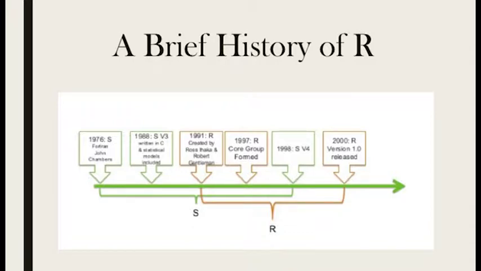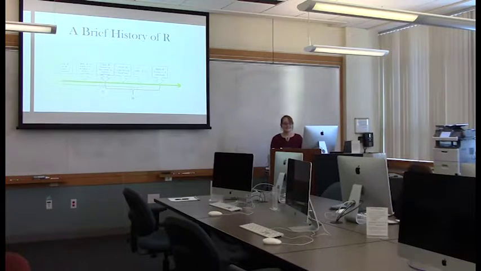More people got on board, and in 2000 the first version of R was released, and since then it's been consistently updated. Because it's open source, there's been a huge amount of contributions from the community that use R. So people have come up with infinite numbers of packages and additions, and if there's something that doesn't exist, somebody will probably eventually create it, because that's kind of how open source works.